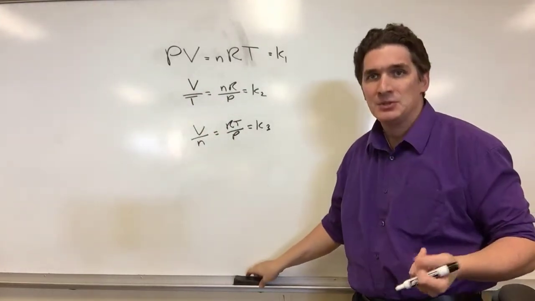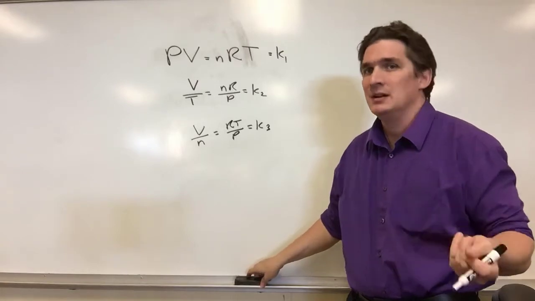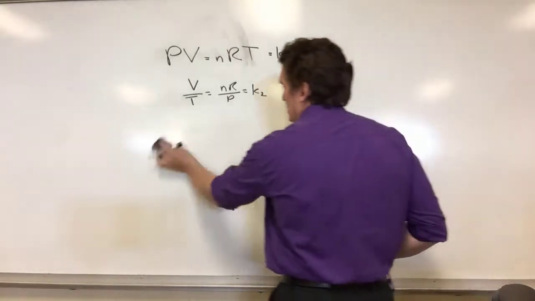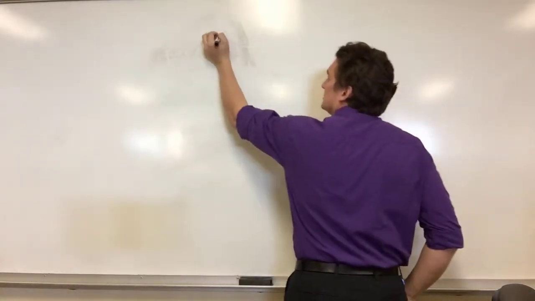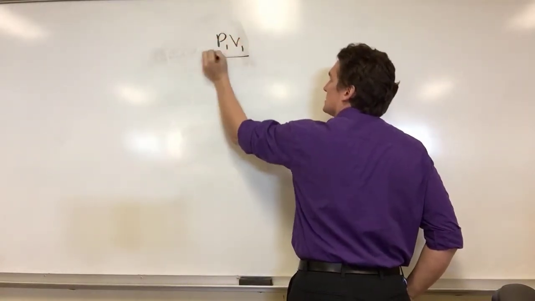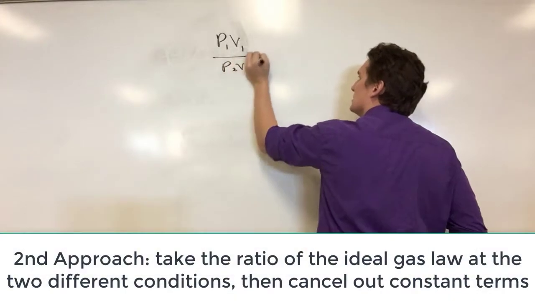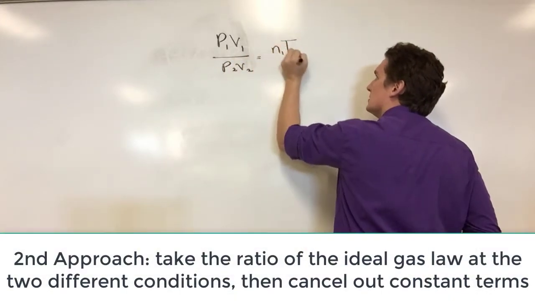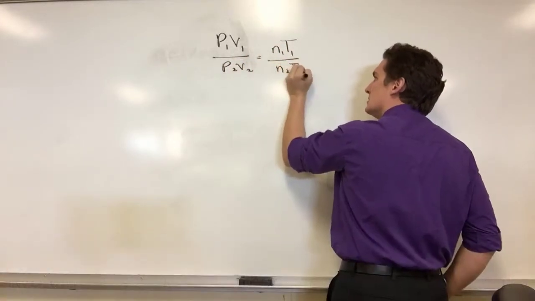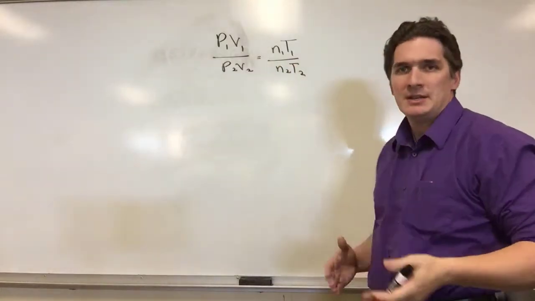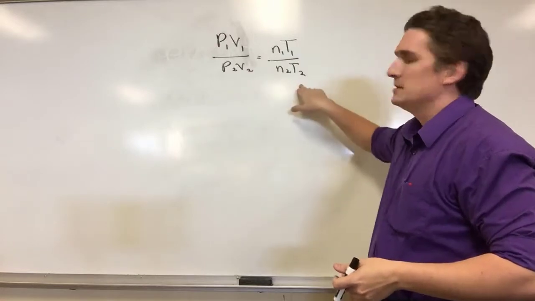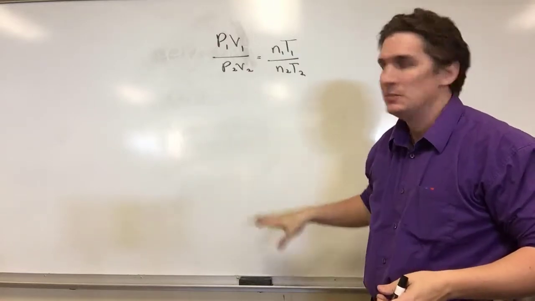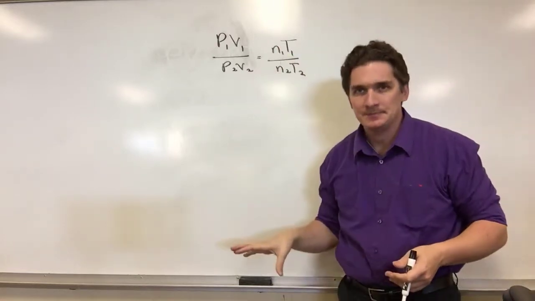Now, a second option, and probably honestly the most utilitarian approach to take, because you're going to use it every single time anyway, is take a ratio between the ideal gas laws. So if I take the ratio of the ideal gas law at one set of conditions, represented by subscript 1s, and a second set of conditions represented by subscript 2, my ideal gas constant is going to cancel out.